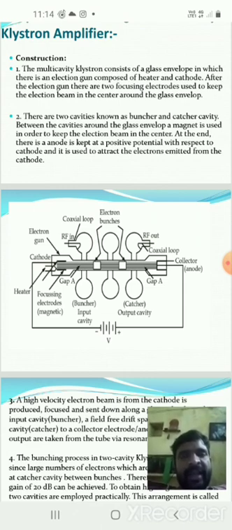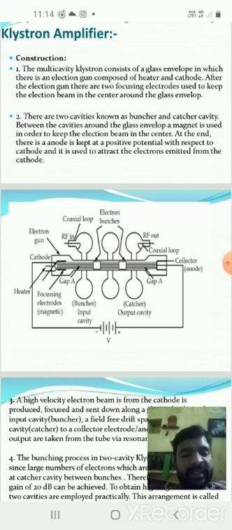Whenever we give an RF input to the buncher cavity, the RF signal passes from the buncher cavity into the vacuum tube. The RF signal interacts with the electrons, and the electrons are taken as bunching.